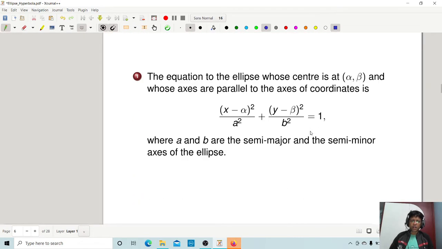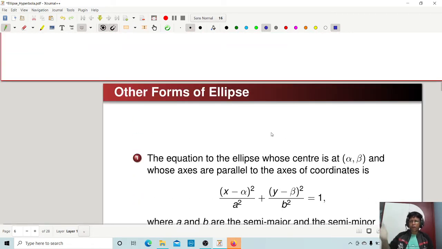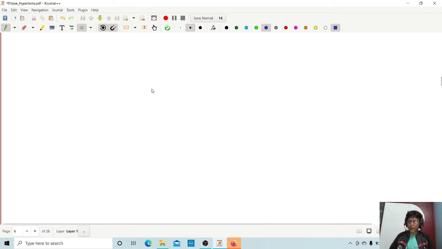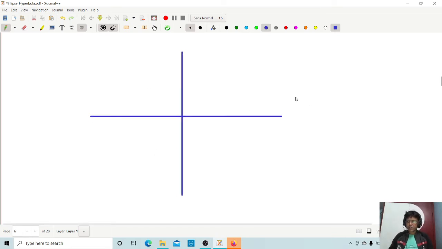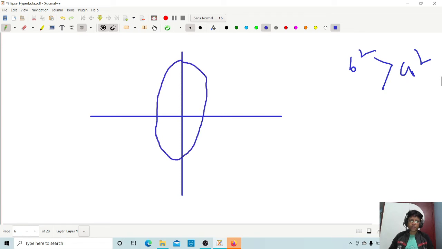Now, the form of the ellipse can be different. Suppose b squared is more than a squared. What will happen? Then your ellipse will be like this. This is your y direction.